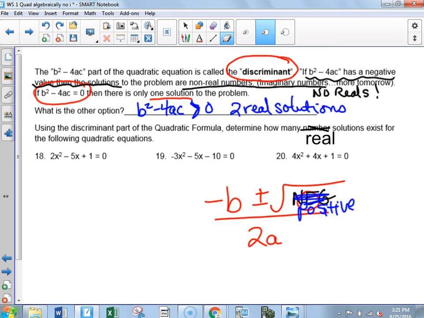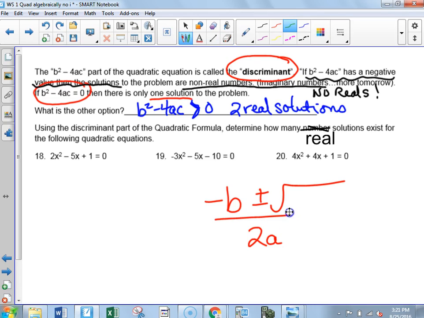Now, I'm going to talk about something for just a second here, and some of you are going to tell me you don't care, but if what's under here happens to be a perfect square, does anybody know what kind of real solutions we'll get? You get rational solutions, it's called, right?